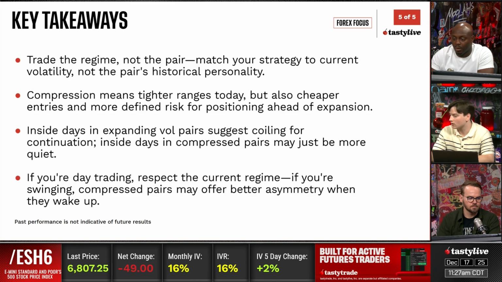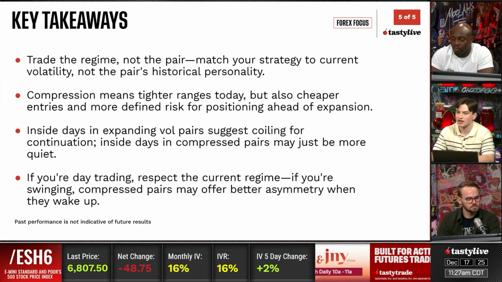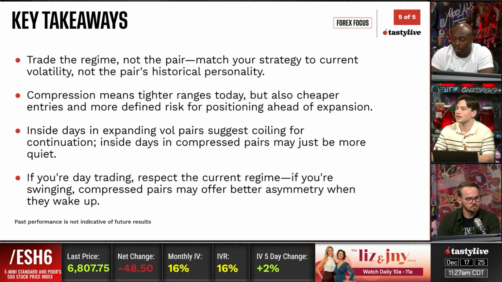Just respecting what market we're looking at, right? Not trying to say, this US dollar Canadian dollar pair is historically very low volatility, so I expect it to stay that way. If it is starting to move a little bit more now, you have to respect the ranges.